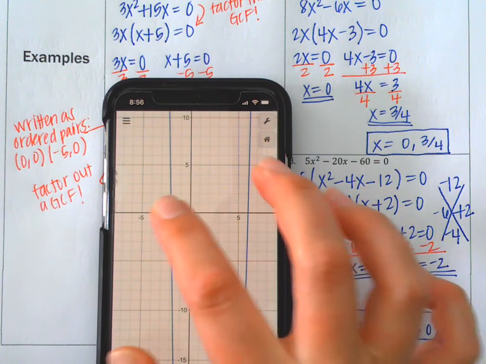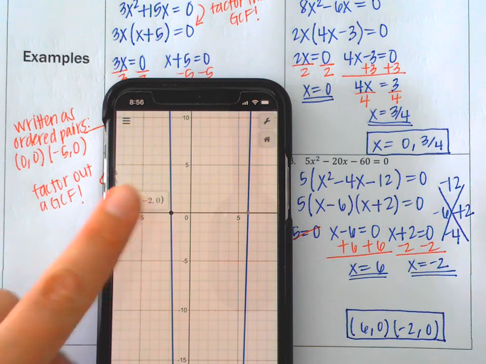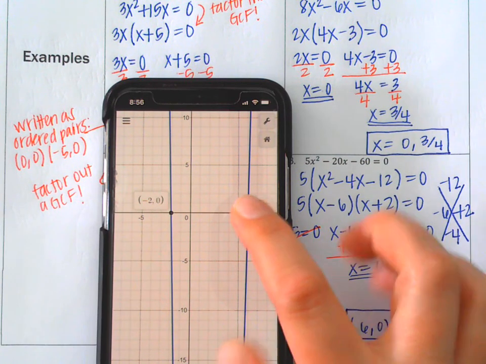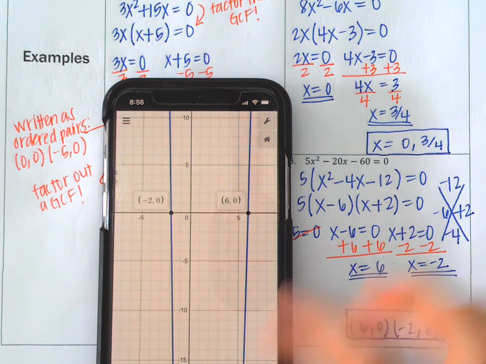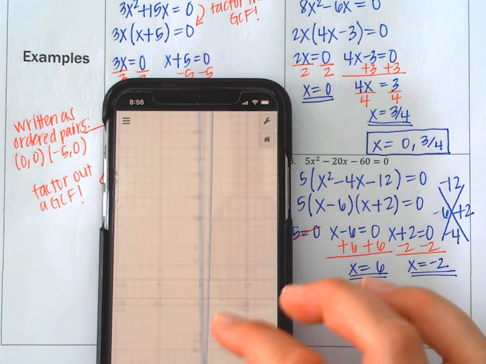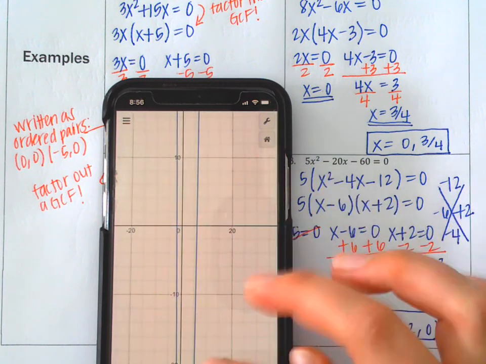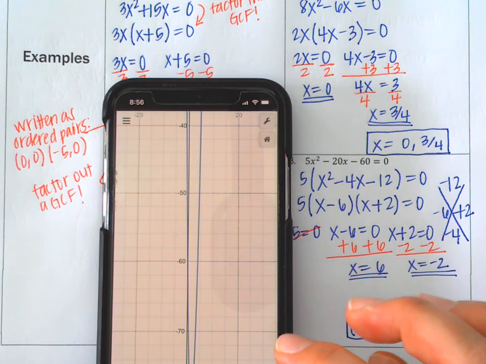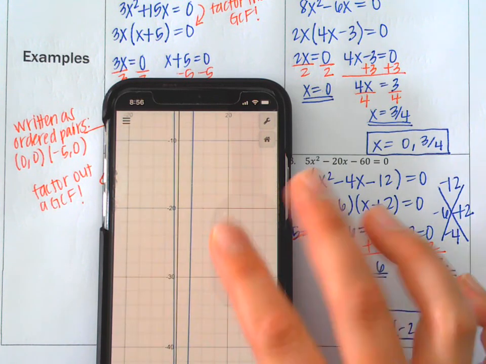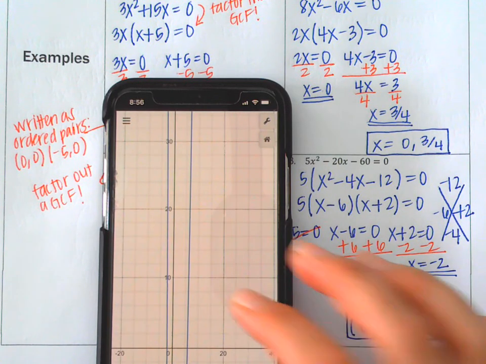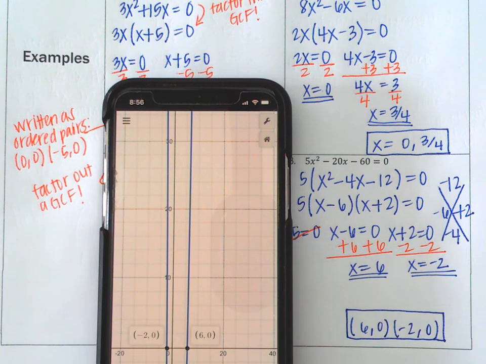I can look to see, where does it cross? It crosses at negative 2, just like we got, and it crosses at 6. And so my parabola has a vertex super, super low, and then we can see the solutions. It crosses the x-axis at those 2 points, just like we found.